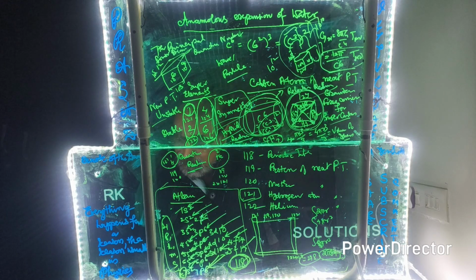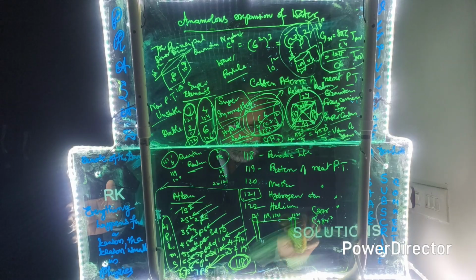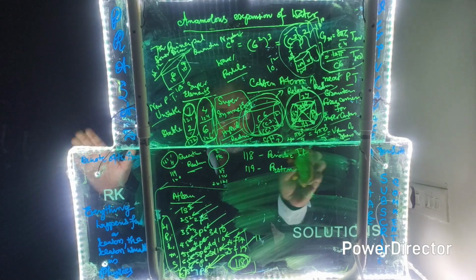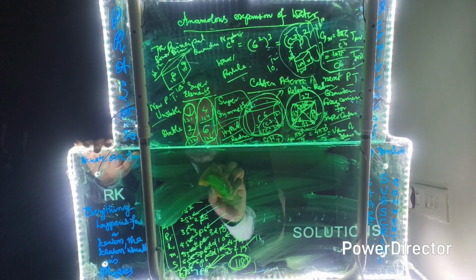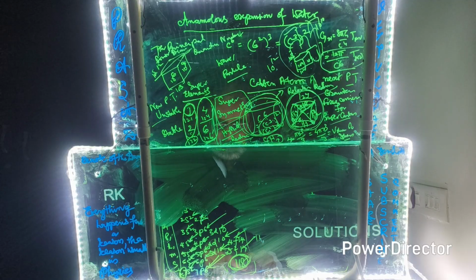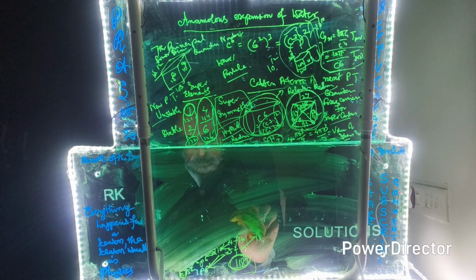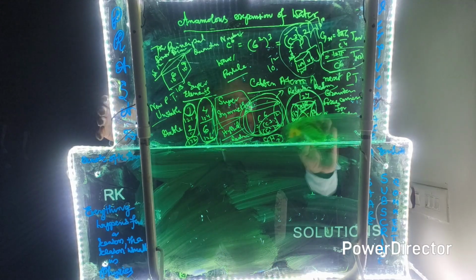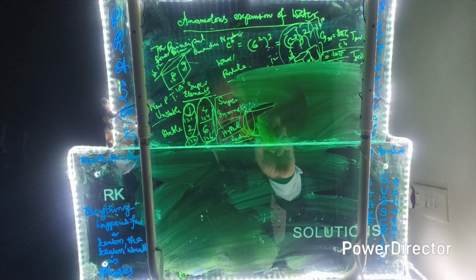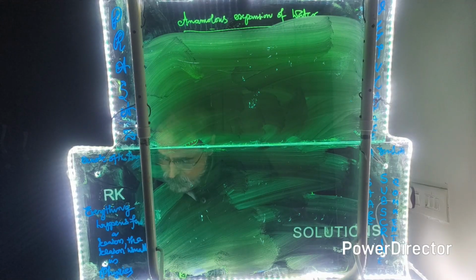To do all that, we have already covered till 118, and this was the seventh principal quantum number. To cover the next one, and I mean the next periodic table also, what do we need?